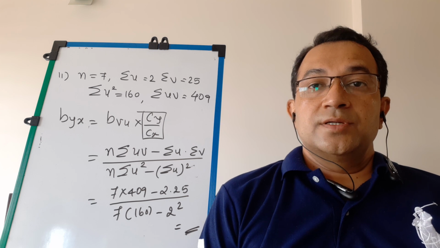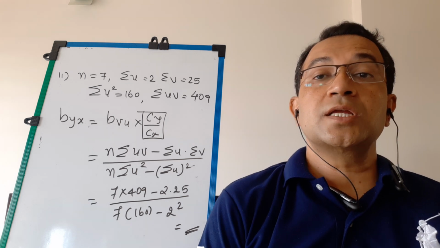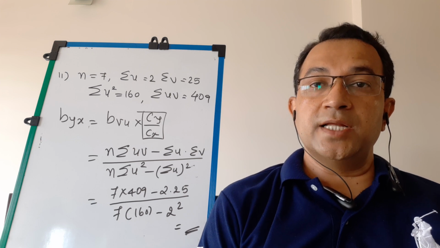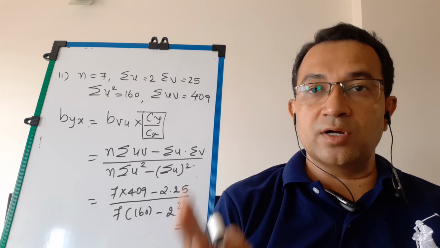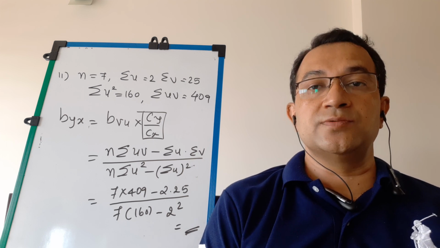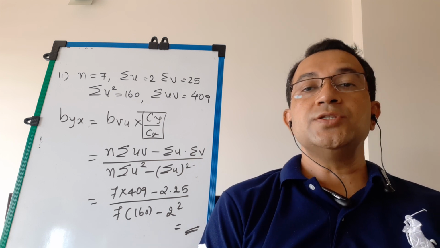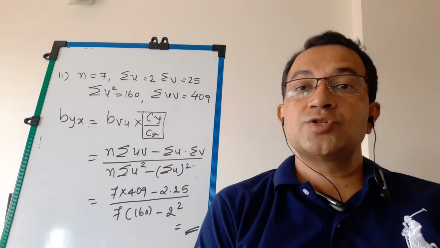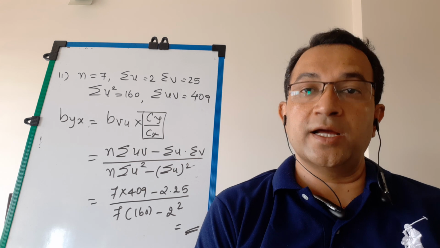So students, if we are not given cy upon cx, then we have to use this formula by taking cy and cx as 1. 1 upon 1 is 1, so the answer won't change. So students, we have applied the shortcut method formula.